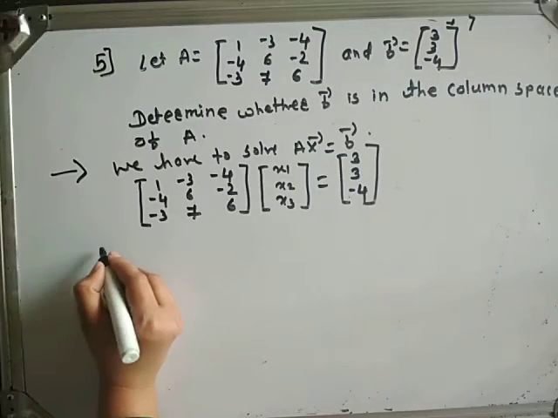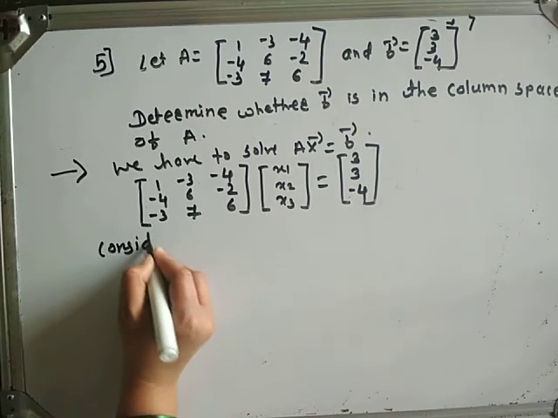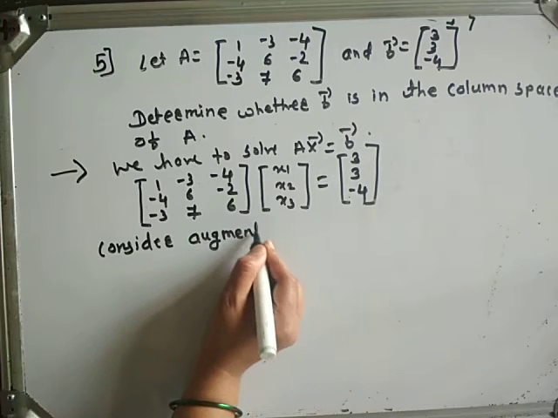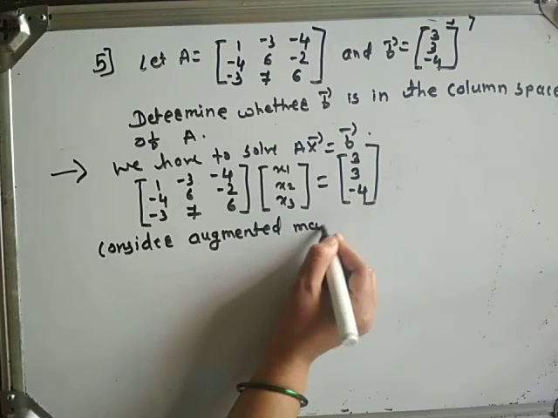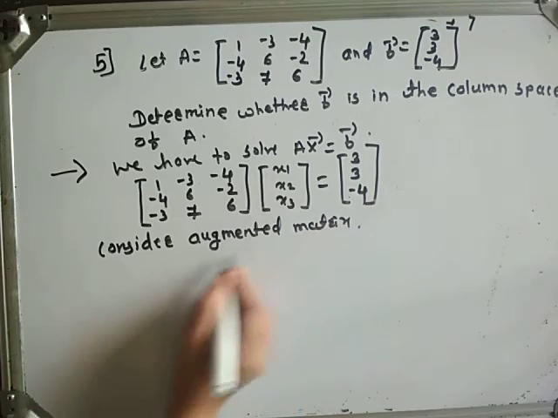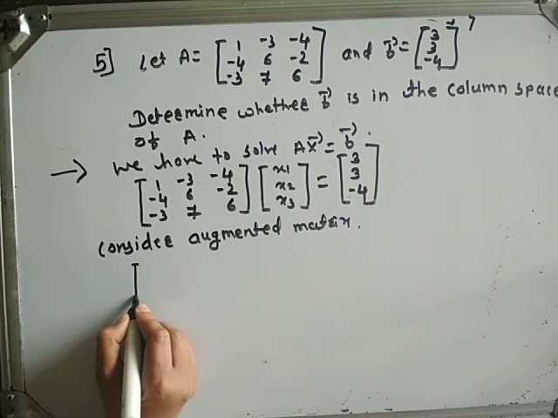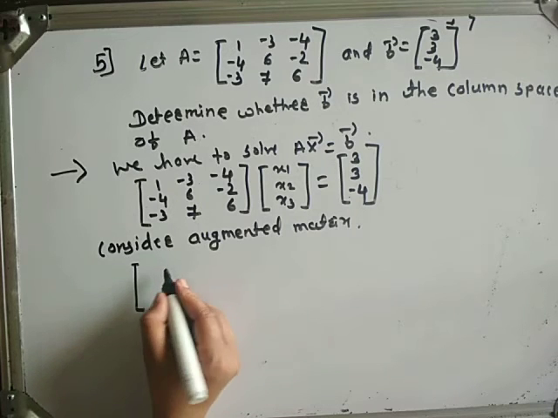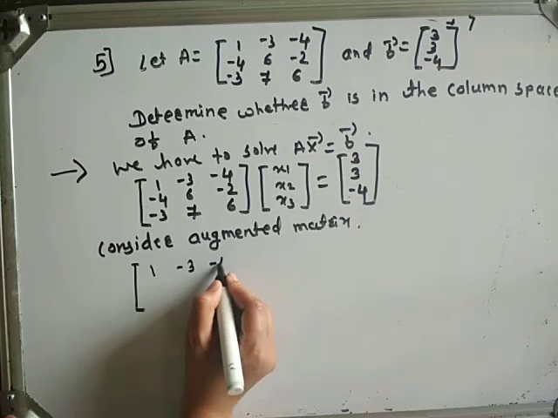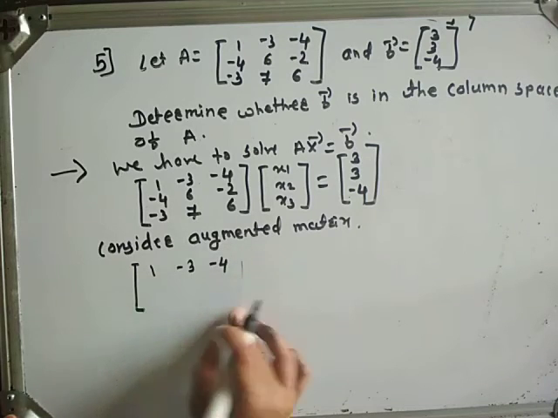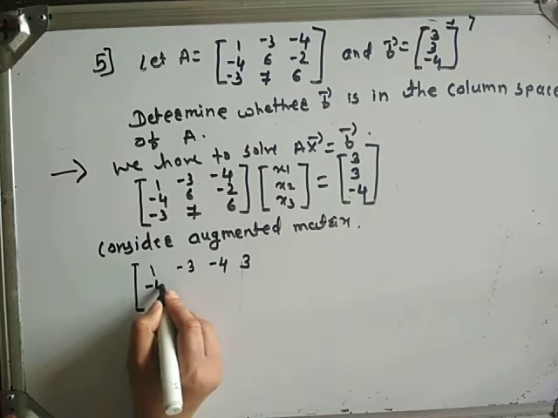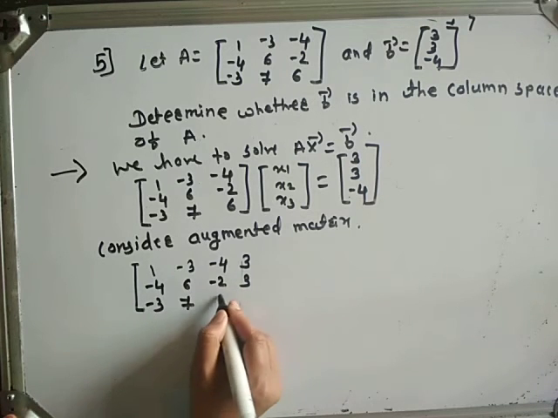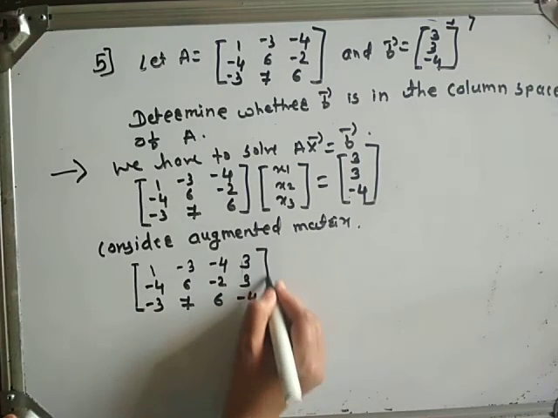Consider the augmented matrix: 1, minus 3, minus 4, 3; minus 4, 6, minus 2, 3; minus 3, 7, 6, minus 4.